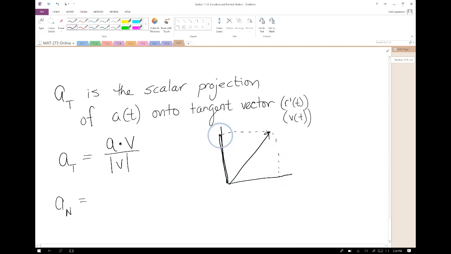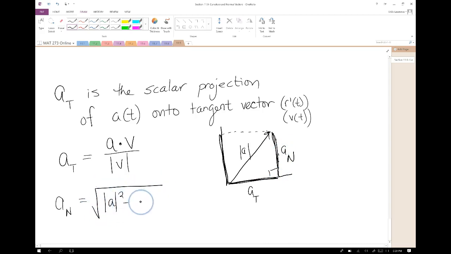So if this is my a sub n, it's the same as over here. So here's a sub t, here's a sub n, and then here is our acceleration vector. We can just use the Pythagorean theorem to figure out a sub n. It would be the magnitude of a squared minus a sub t squared.